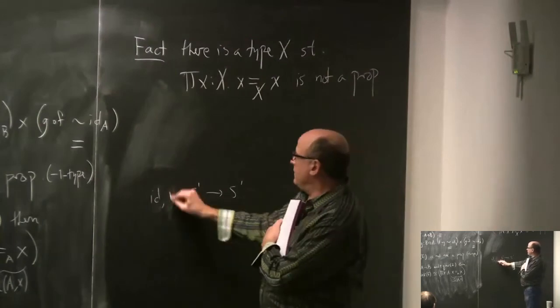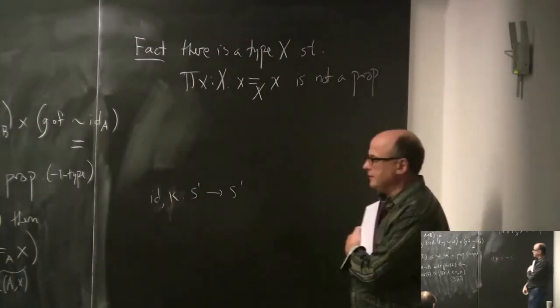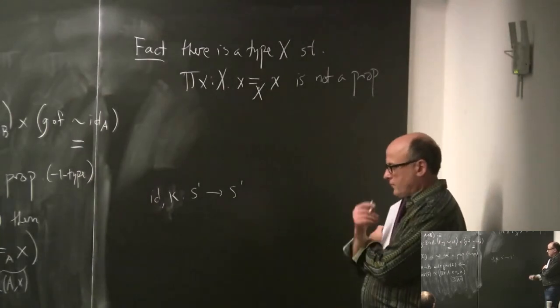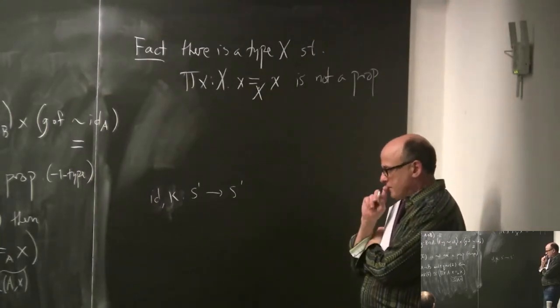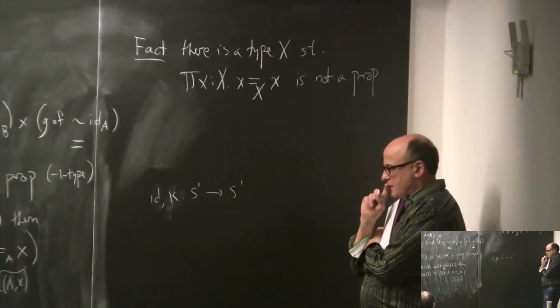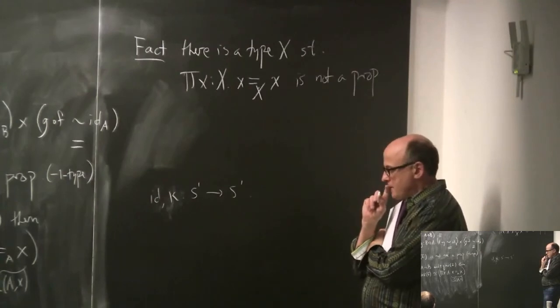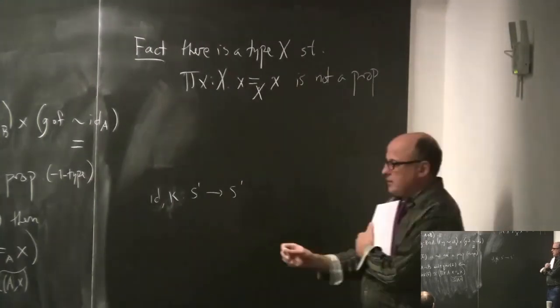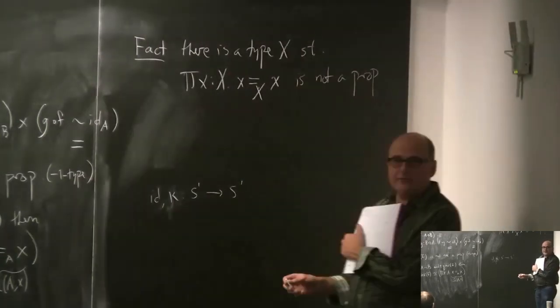Now Q of the identity is certainly true. But then Q of K would also be true.